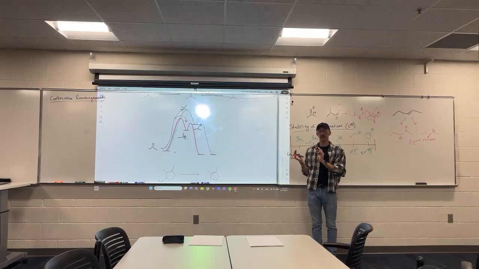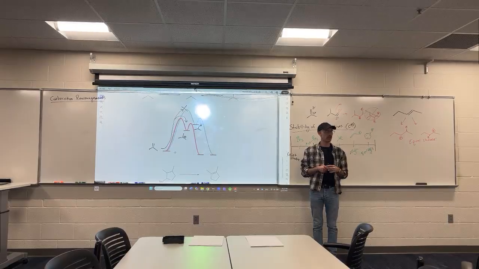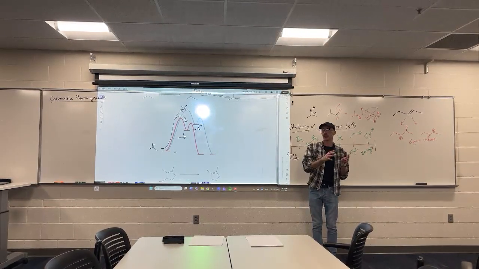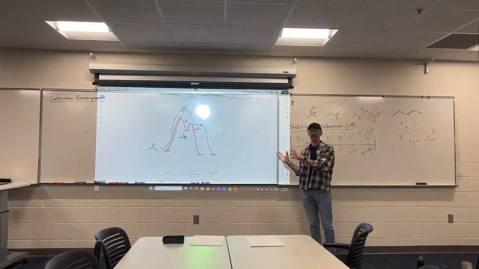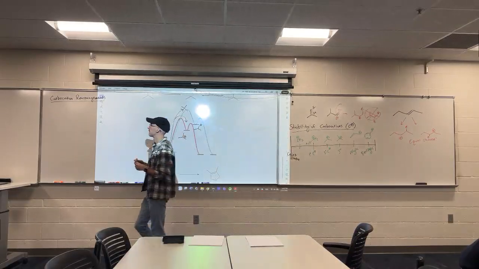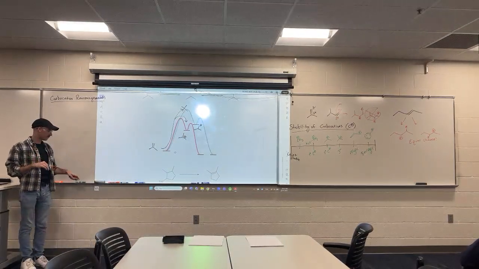If a carbocation forms adjacent to a more substituted position, then groups can actually shift their electrons around to create a more stable carbocation. That's a lot of words, so let's give an example.